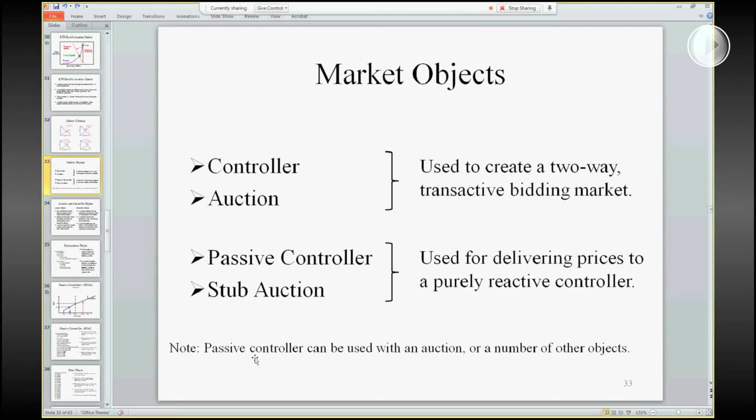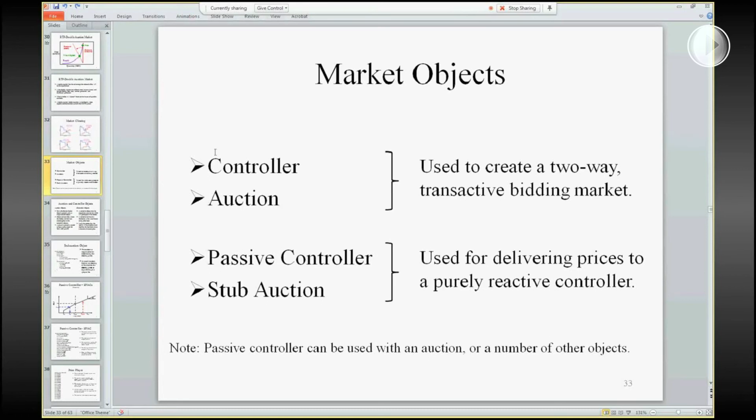In the case of a stub auction, which is looking much more at what I'll call a passive market, this is a purely reactive type of market. The market doesn't actually collect bids in any way. All it's doing is broadcasting a price or broadcasting some kind of signal. So these get matched up.